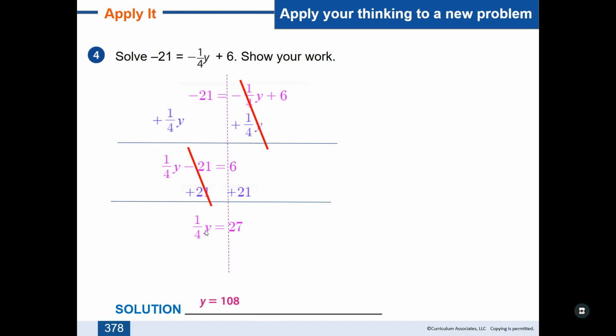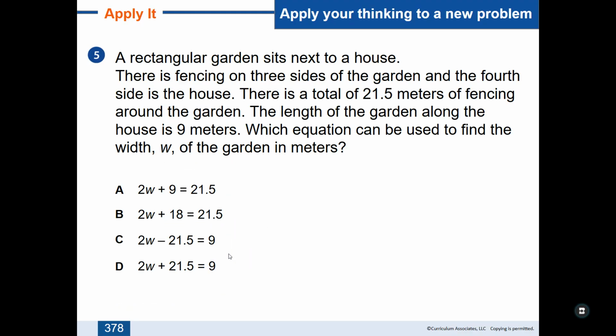So the opposite, it's like dividing, but I talked about how when we're multiplying by a fraction, we take that fraction's reciprocal and we multiply it. And that's going to cancel out and give us a 1. So this cancels, and we get that y equals 108. Interesting, same answer as the last one.